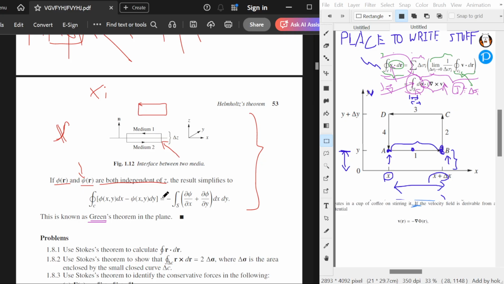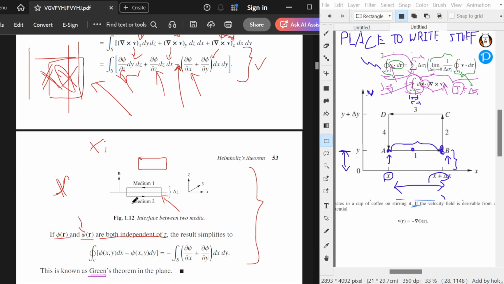The result simplifies to both independent of C. So I think what they're getting at is, since this is dz and dC, they want to cross this out. Maybe. So we're just dealing with these two terms.